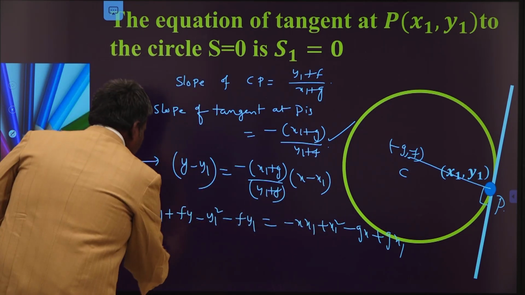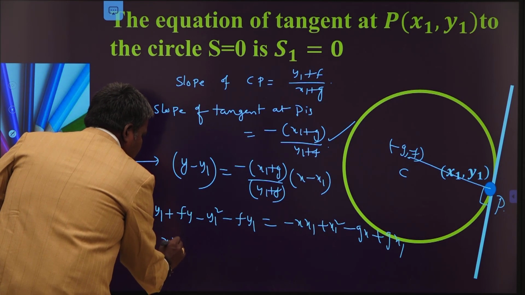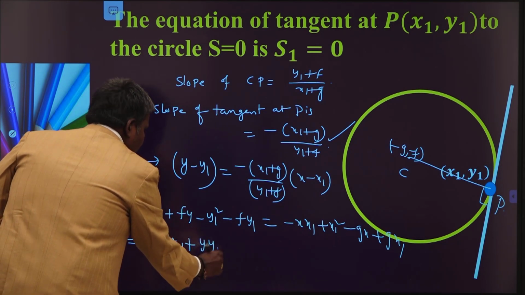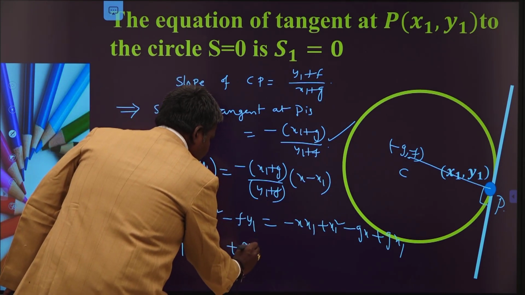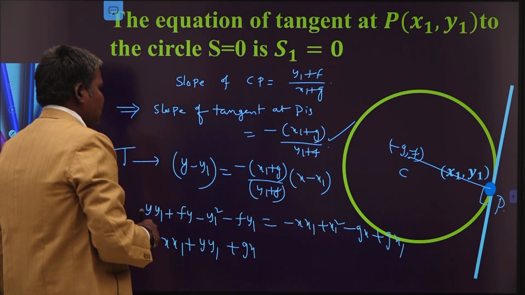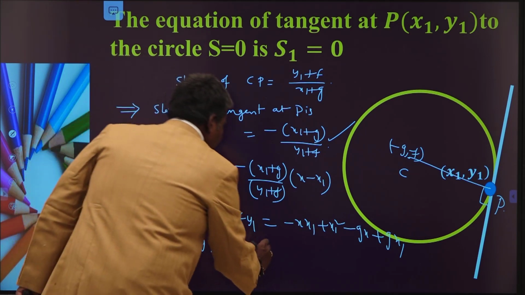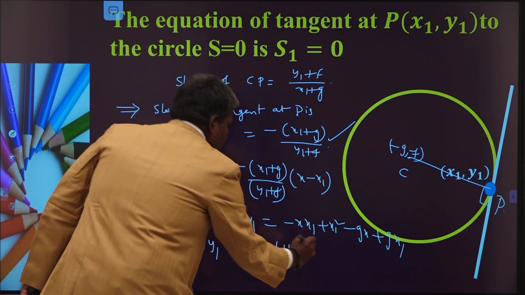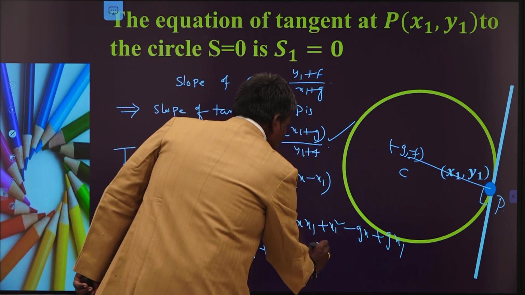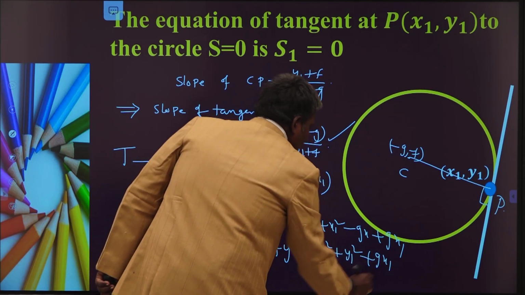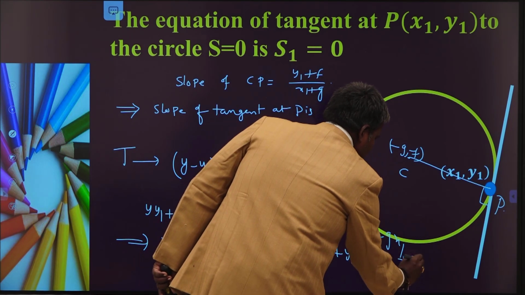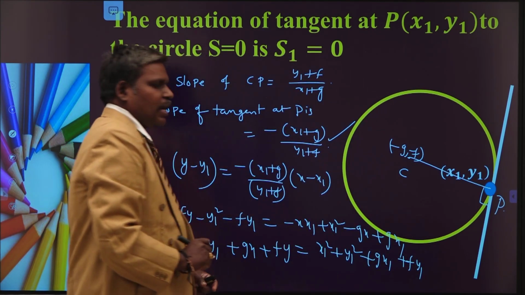What will you have? This can be written as xx1 plus yy1, plus gx, because that gx comes to the left side, again plus fy, it is nothing but x1 square plus y1 square plus gx1 plus fy1. Just we manipulate in this manner.